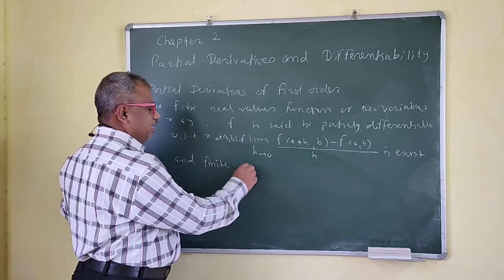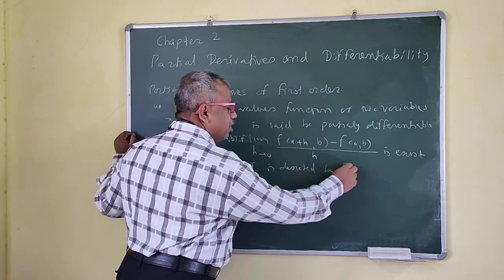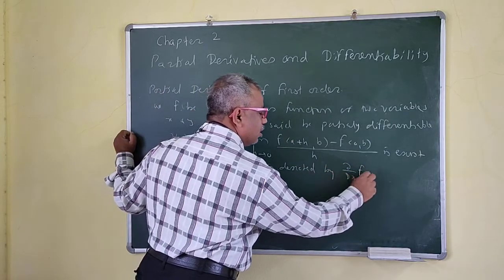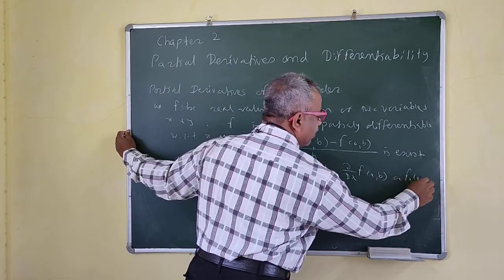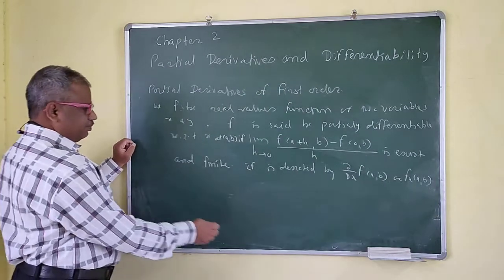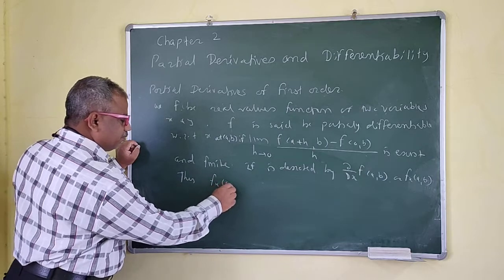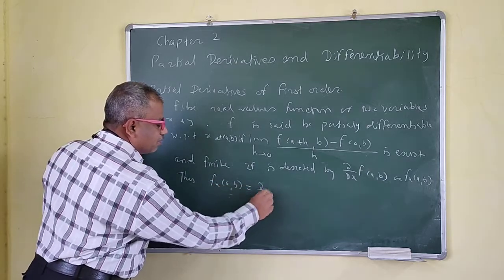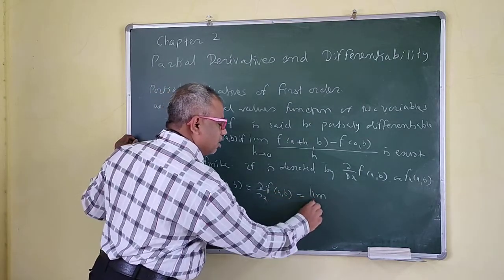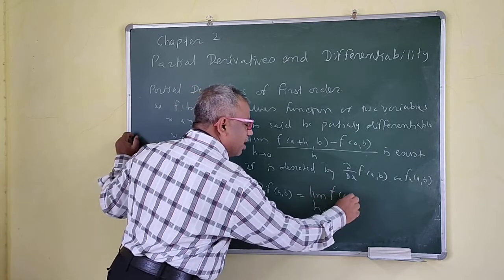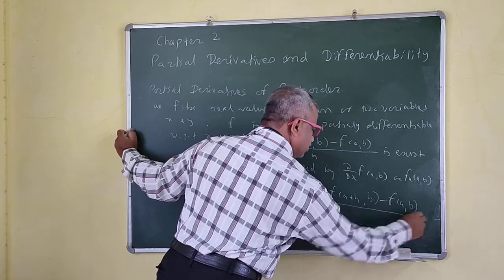It is denoted by dou by dou x of f at (a, b), or simply fx(a, b). Thus fx(a, b), that is dou by dou x of f at (a, b), is the same as the limit as h tends to 0 of [f(a + h, b) minus f(a, b)] upon h.